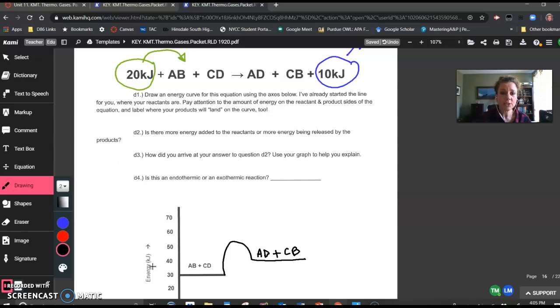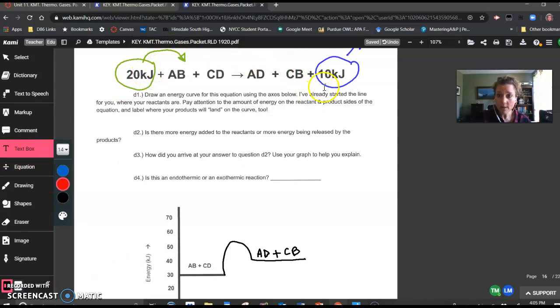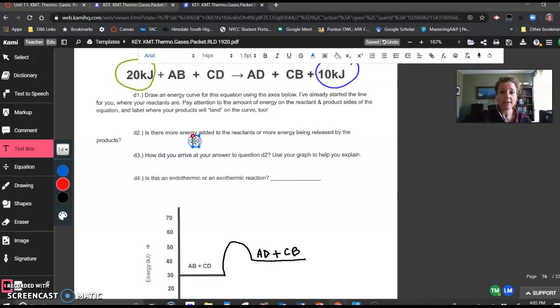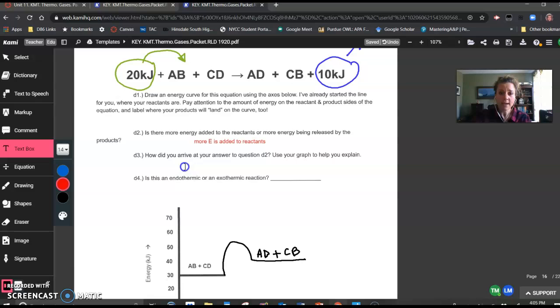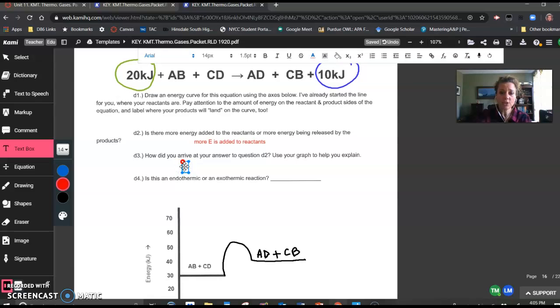Okay, so number 2 says, is there more energy added to the reactants, or is there more energy being released by the products? Well, 20 is more than 10, so more energy is added to the reactants. And then how did you arrive at your answer to question 2?